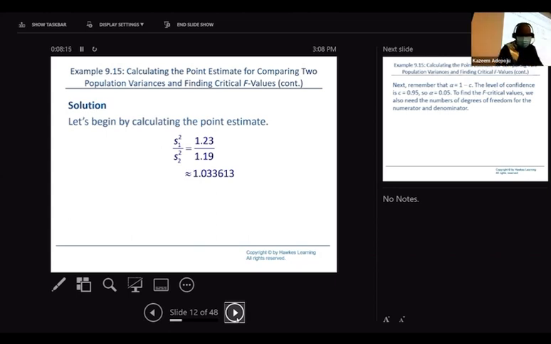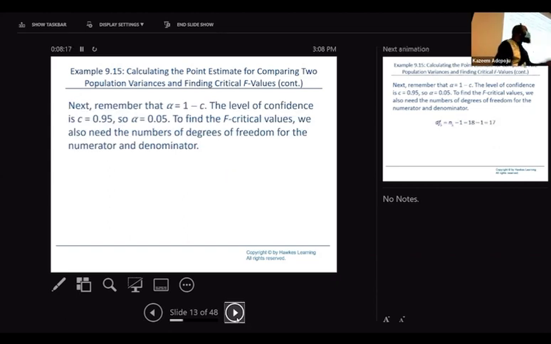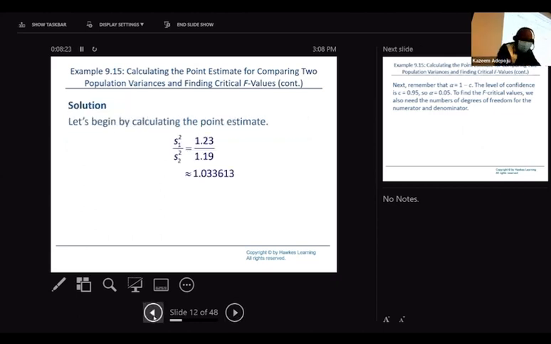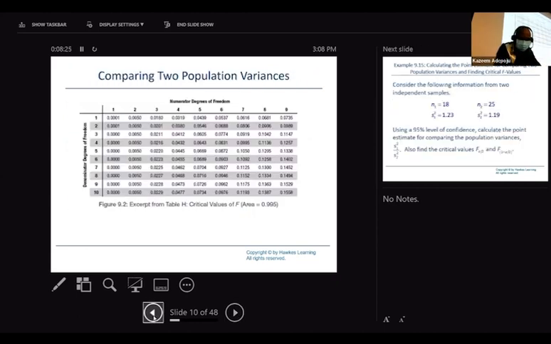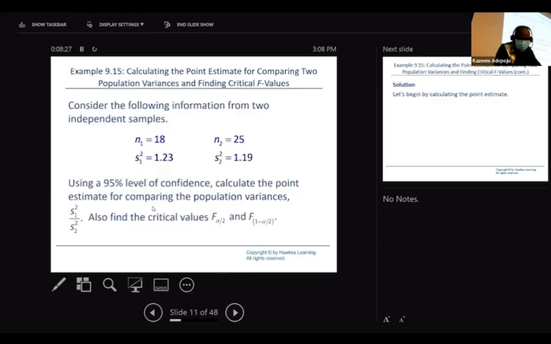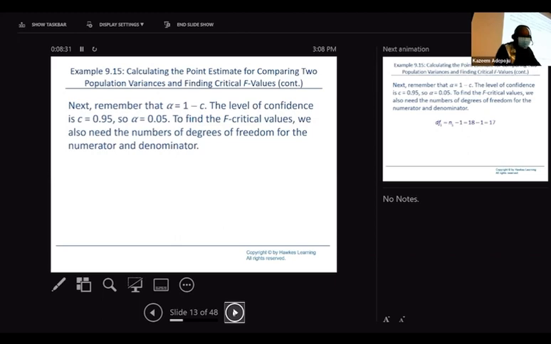Because of that, I needed to go to the table of F. The level of confidence given was 95. Then I need to get the alpha. Alpha will be 1 minus the level of confidence, right? The alpha will be 0.05.